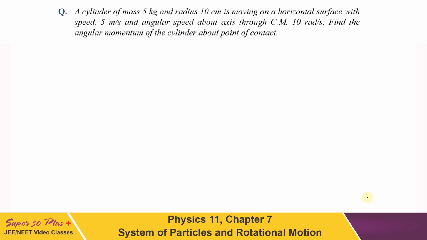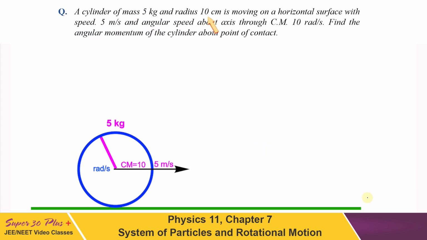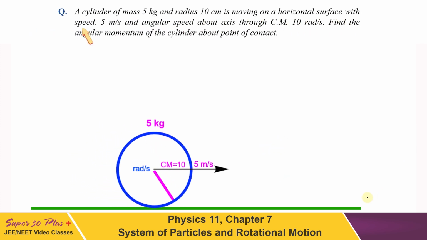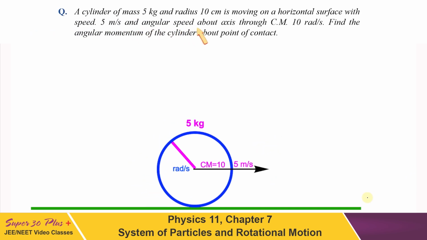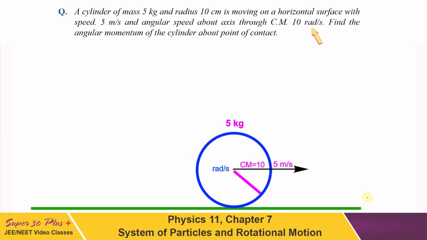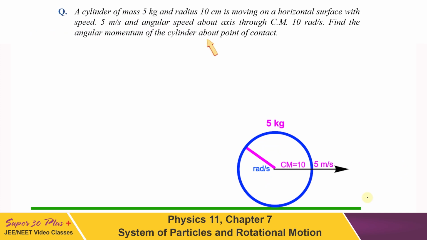Let us consider one numerical based on this concept. Just now we have learned. A cylinder of mass 5 kg and radius 10 cm is moving on a horizontal surface with speed 5 meter per second and angular speed about an axis through the center of mass of 10 radian per second. Find the angular momentum of the cylinder about the point of contact.